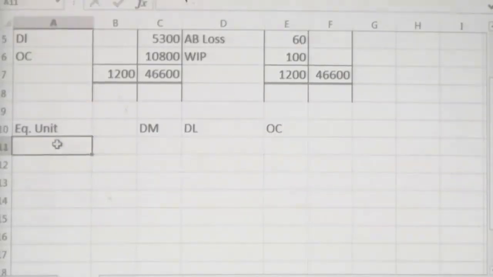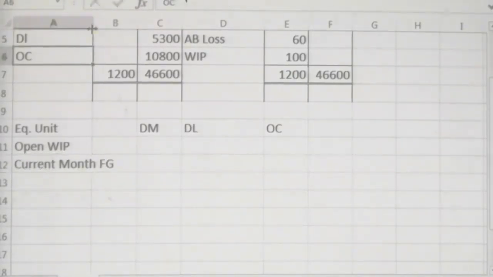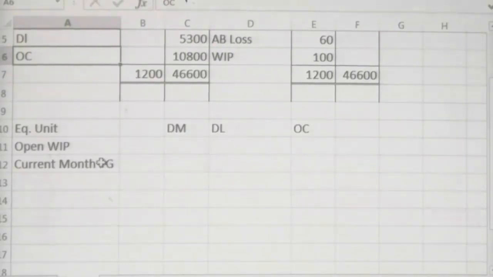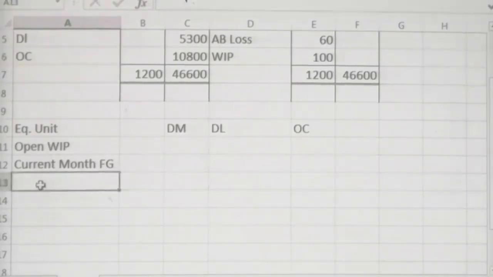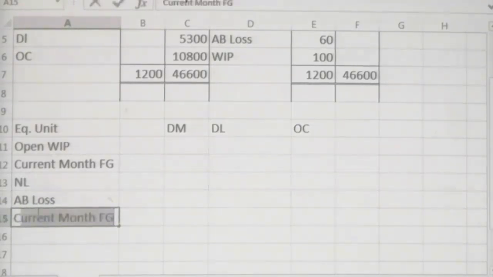Now, you have opening work in progress, current month, and finished good. Since you are using the weighted average method, you assume both will be completed together. Then you have to take normal loss, abnormal loss and closing work in progress.